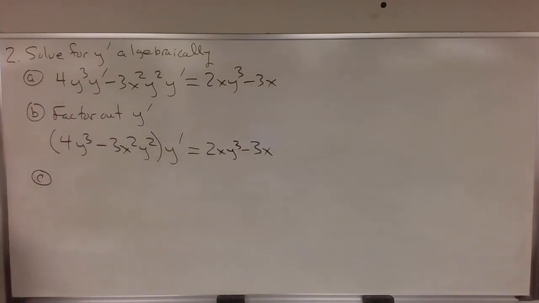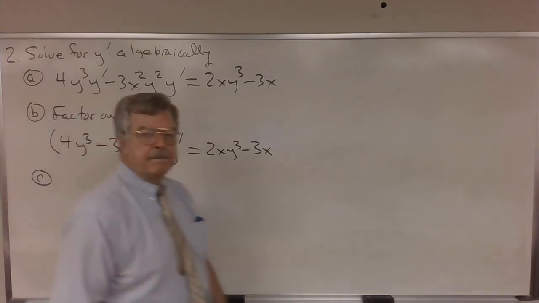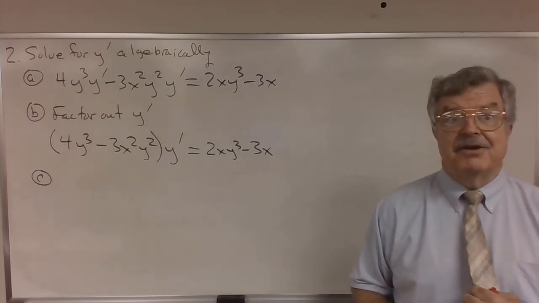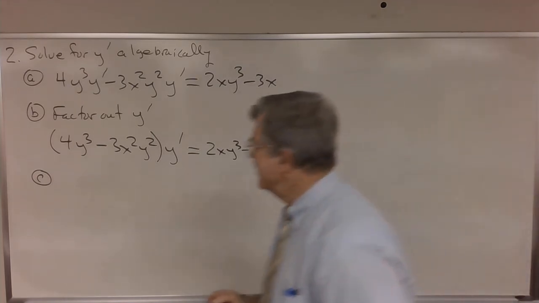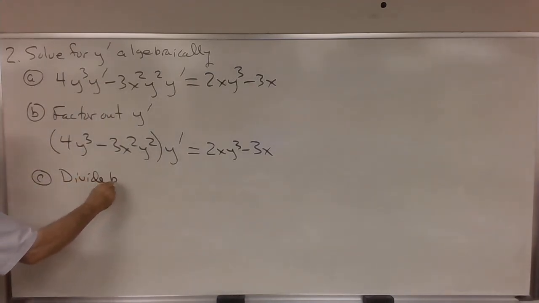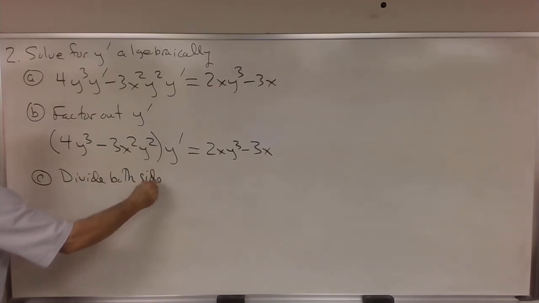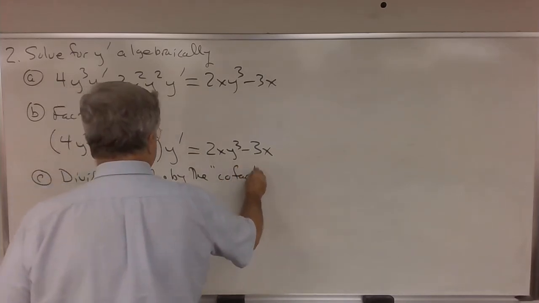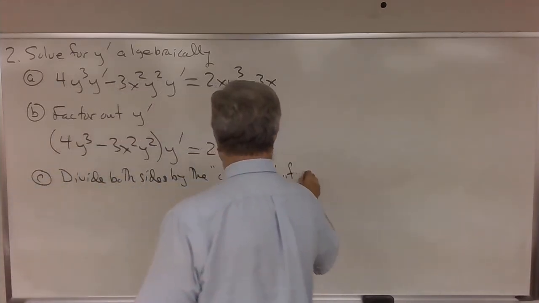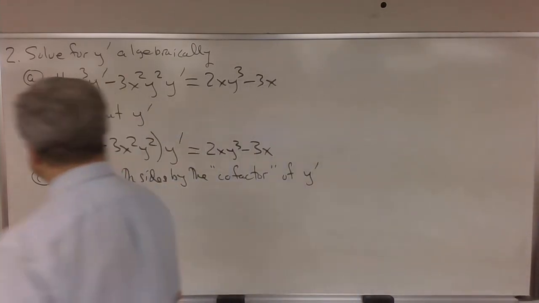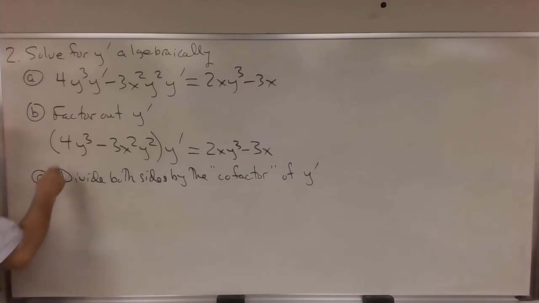And then finally, what was that last step? Divide both sides by the cofactor of y prime. So here's the cofactor of y prime.